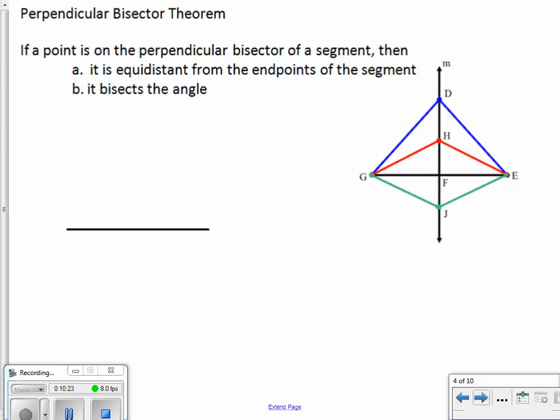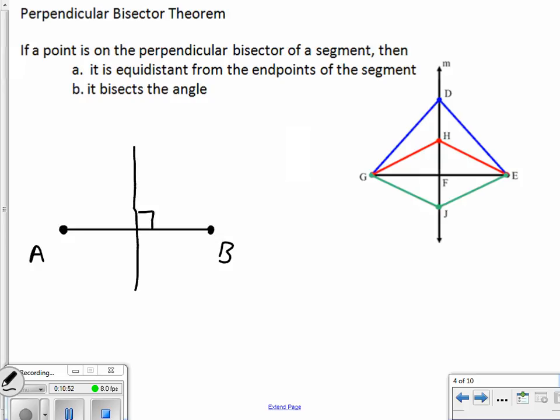The perpendicular bisector theorem. Before we talked about what a perpendicular bisector is, if we have any segment, so here I have a line, or should I say a line segment, it goes from A to B. A bisector is going to cut it exactly in half, so it has to go through its midpoint. A perpendicular bisector not only cuts it in half, but it cuts it in half perpendicularly, so straight up and down.